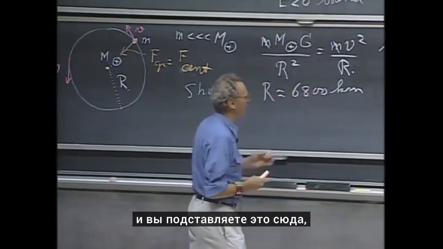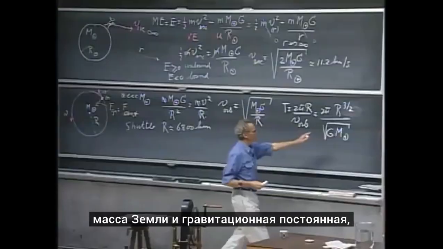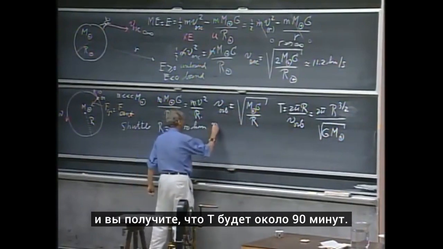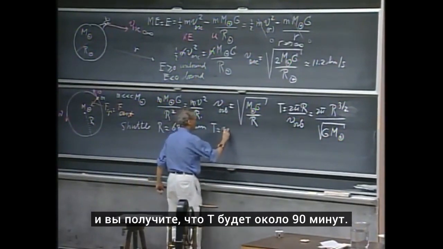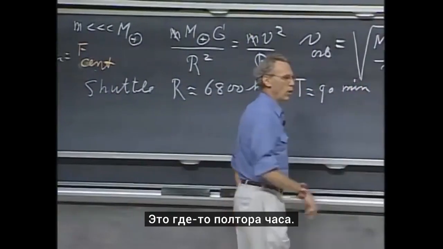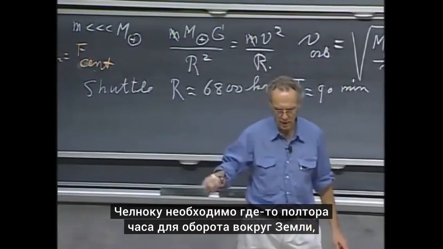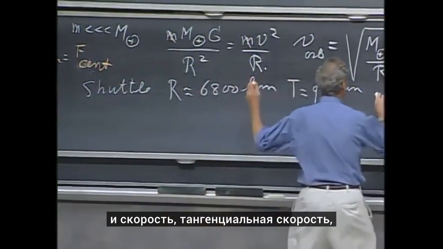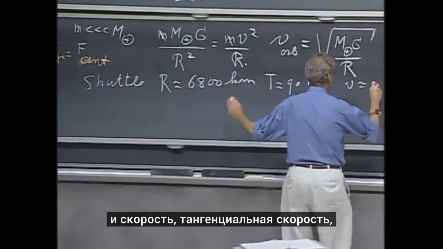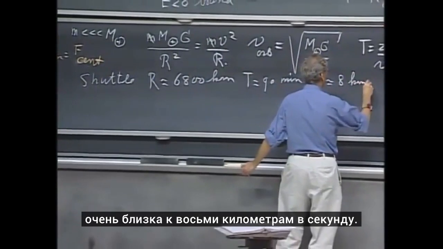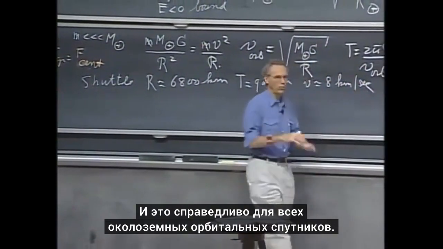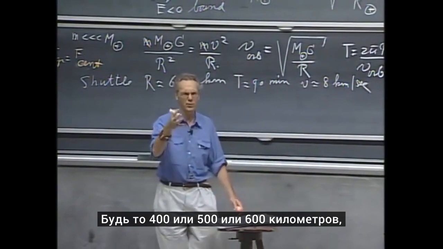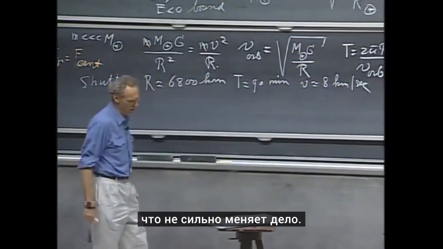You substitute that in here, the mass of the Earth and the gravitational constant, and you'll find that T is about 90 minutes, about 1.5 hours. The shuttle takes about 1.5 hours to go around, and the tangential speed is very close to 8 kilometers per second. And that holds for all near-Earth orbit satellites, whether they are 400 or 500 or 600 kilometers, that doesn't change very much.